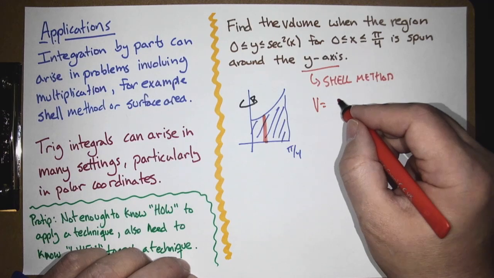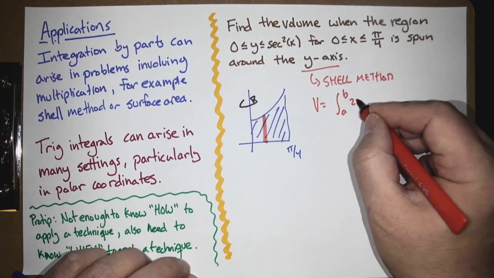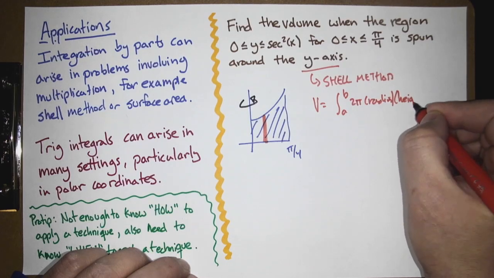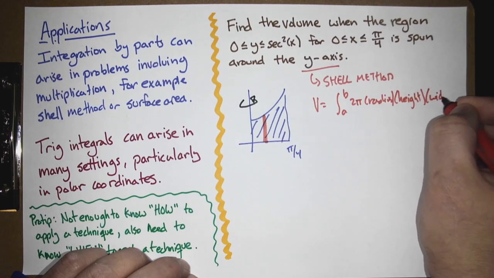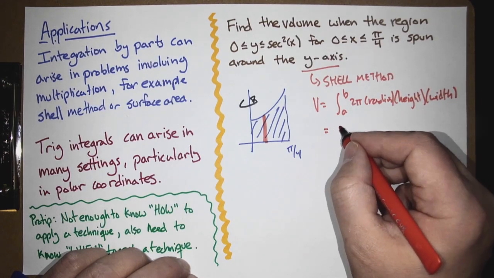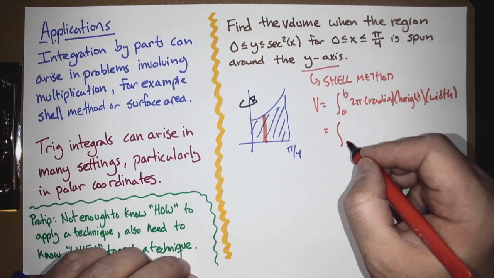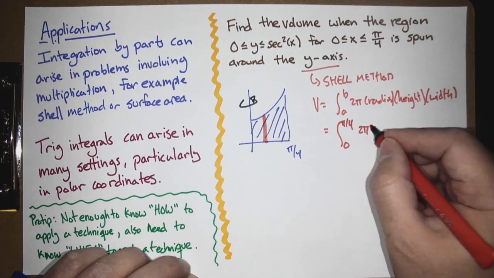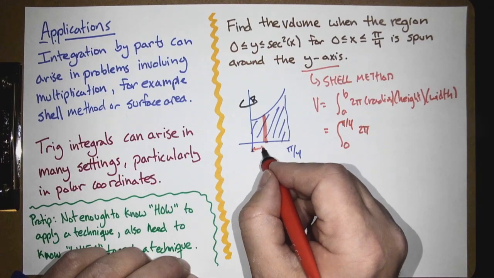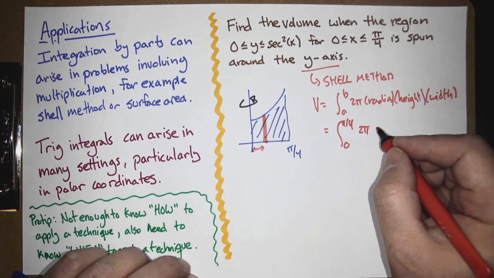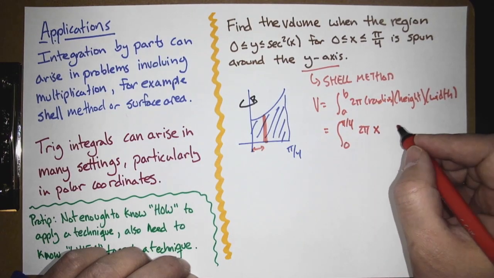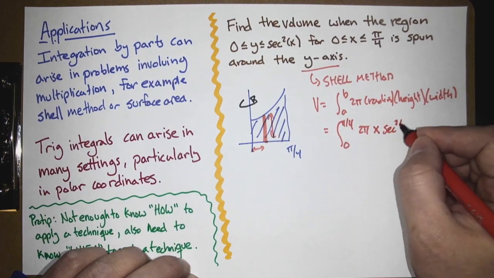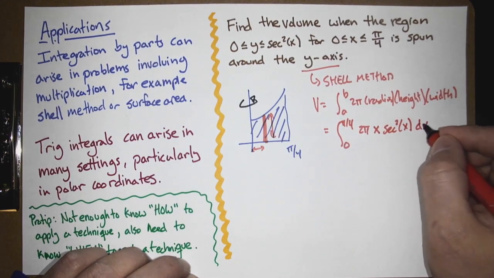The volume is the integral from a to b of 2 pi, radius, height, width. So for us, a and b are 0 to pi over 4, 2 pi, radius x, height secant squared of x, width dx.